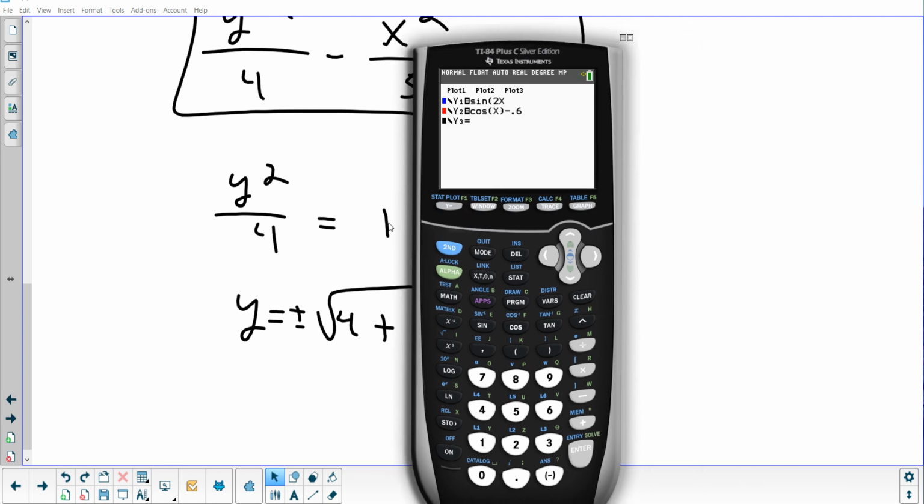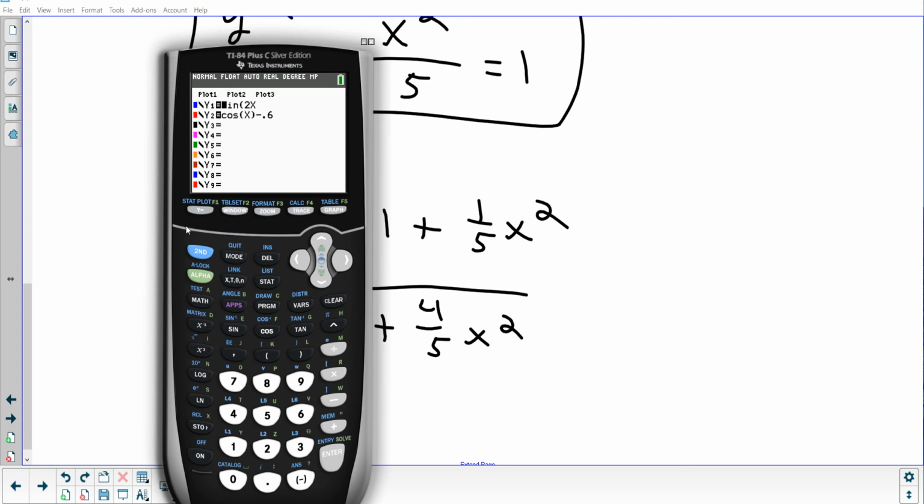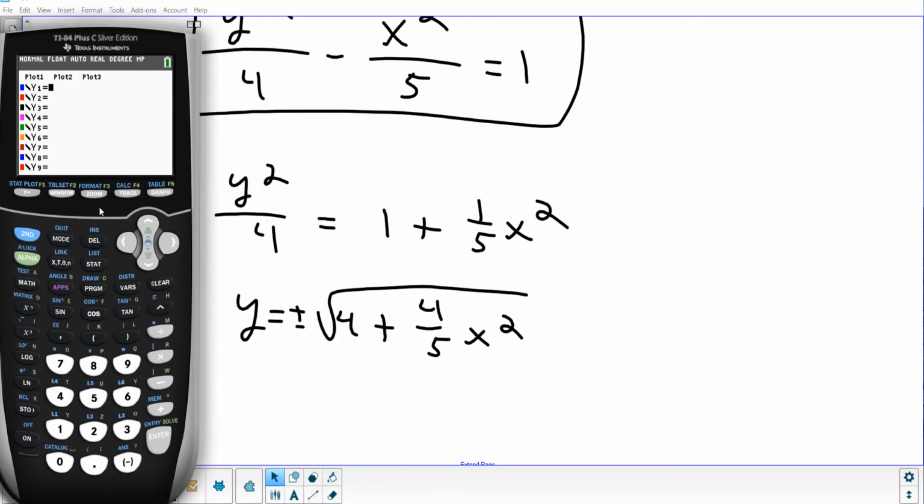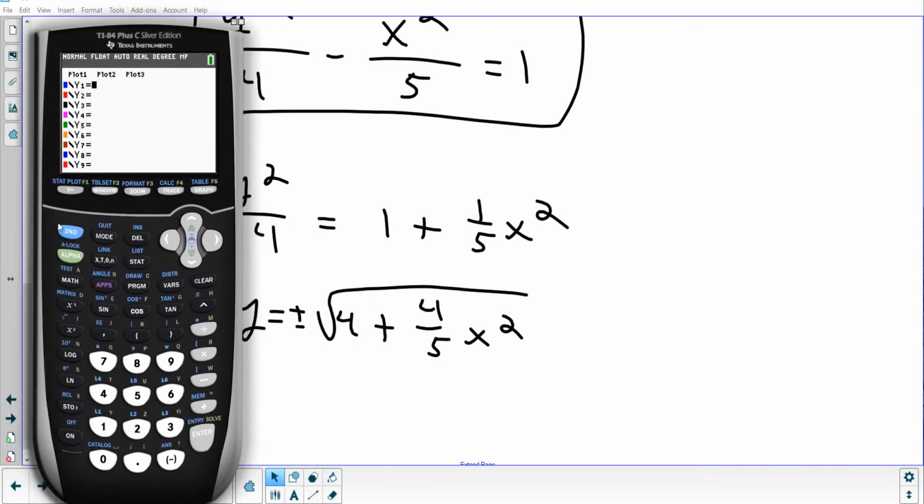No. No matter how you draw it, it's never going to pass the vertical line test, which is why you cannot sketch it in one piece. So you're going to sketch each branch. So we've got the square root of 4 plus 0.8x squared. It's just easier for me to type it in as a decimal. And the negative of that.